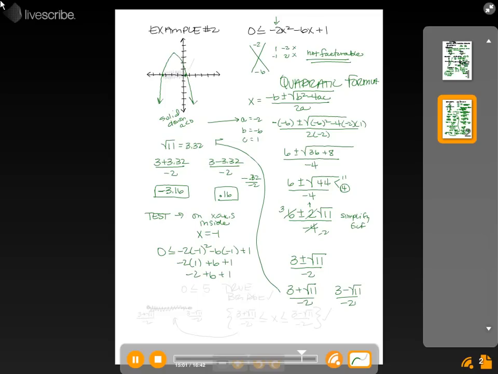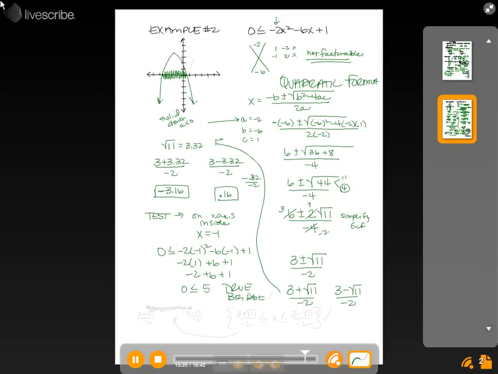That ends up giving me 5. Negative 2 plus 6 ends up being 4, plus 1 is 5. So I end up getting 0 is less than or equal to 5, which is true. And if it's true, that means I have a bridge. So I would shade the inside of that parabola along the x-axis.